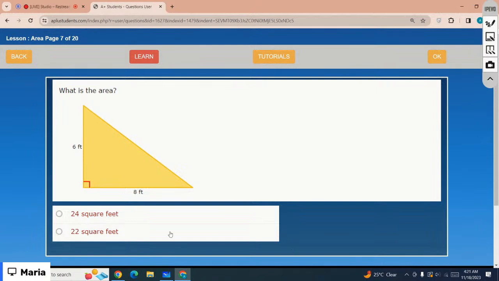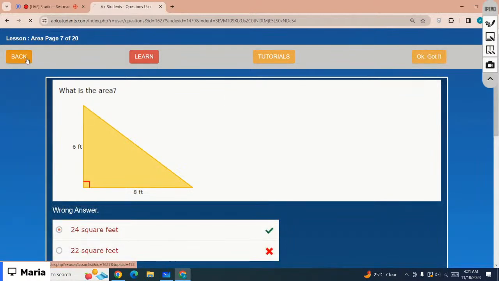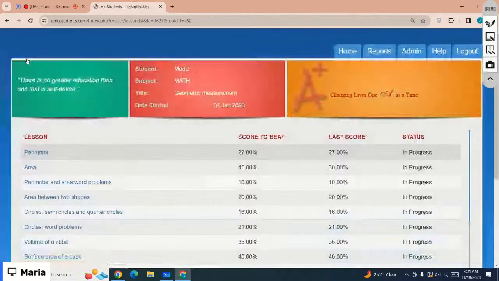Very good. That is 24 square feet. Okay, you can complete the lesson by yourself later today. Let me just move on to the next lesson. 24, 8 times, yes, that is 24. No, 22. I selected the wrong option.